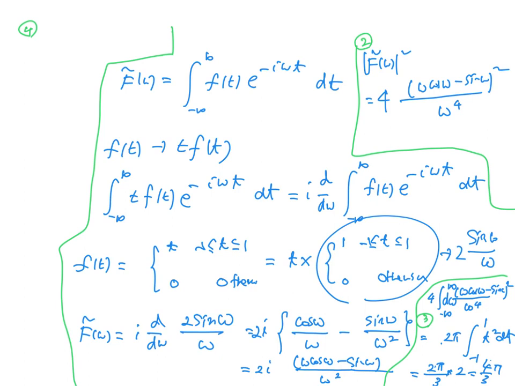So actually the integral of (omega cosine omega minus sine omega) squared over omega to the fourth d omega is actually pi over 3. Very interesting, right?